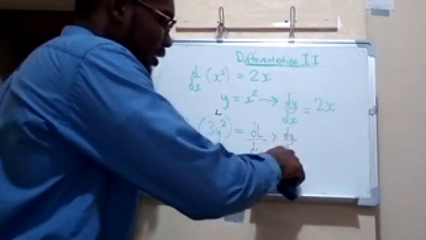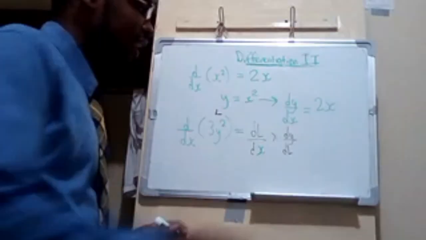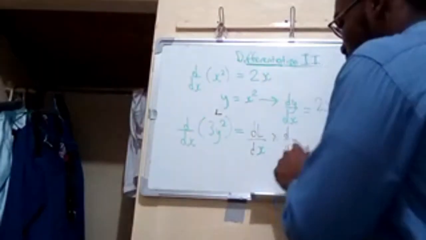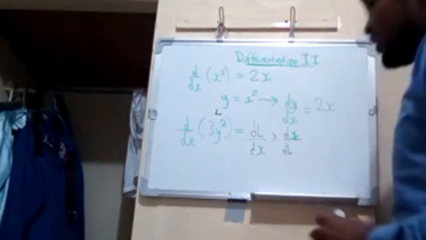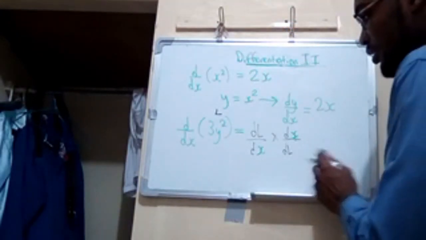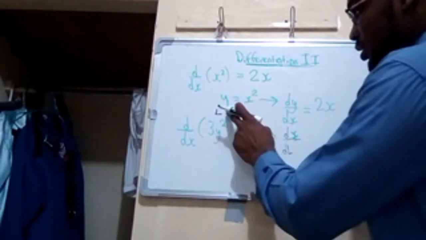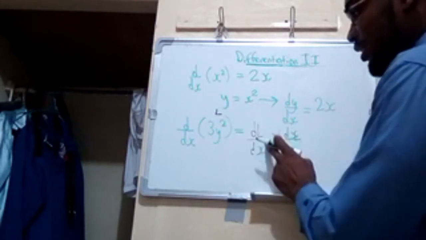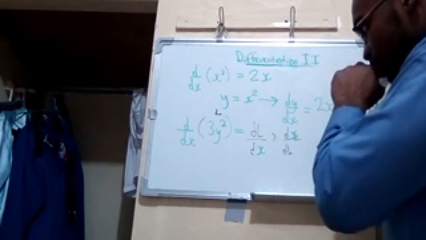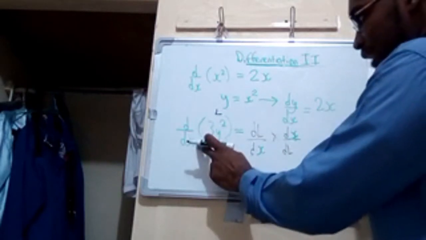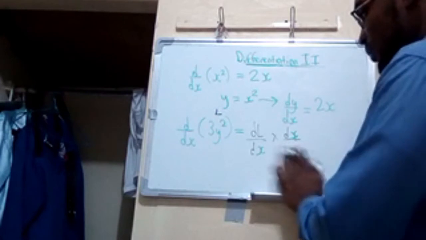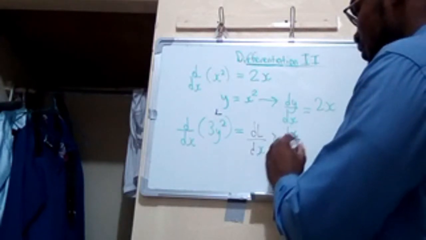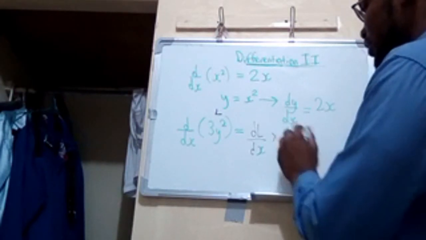Not dl by dy, dl by dx, sorry, dl by dx times dy by dx by dl. Alright? So if this was an L, dl, so on dl by dx, this one should be dx and this should be dy.